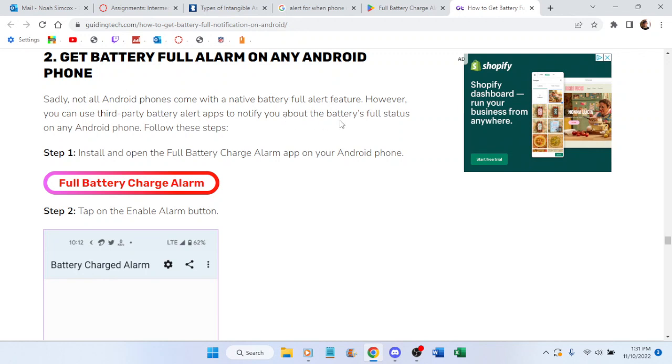Third-party app. Well, full battery charge alarm. I just searched full battery alarm.